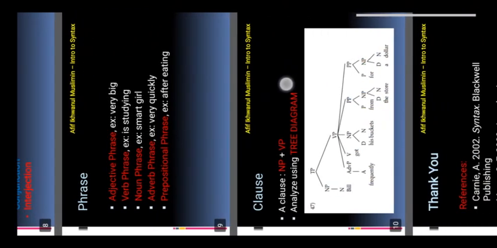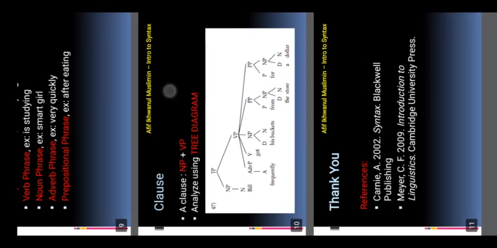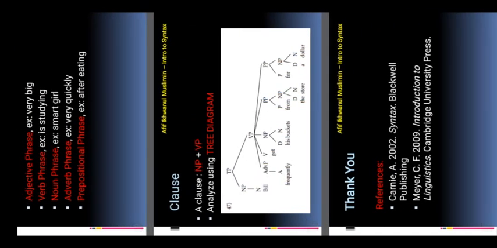The bigger part than a phrase is a clause. A clause can be a combination of phrases. Based on the book, we can understand that there are two kinds of clauses: the first is the independent clause and the second is the dependent clause. A sentence usually consists of a clause or maybe more than one clause.